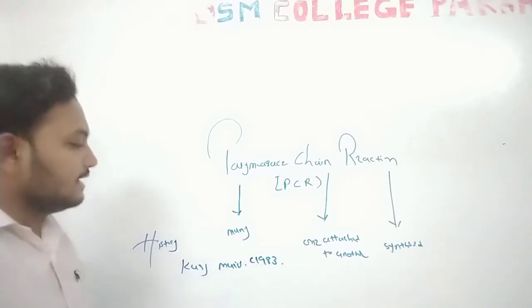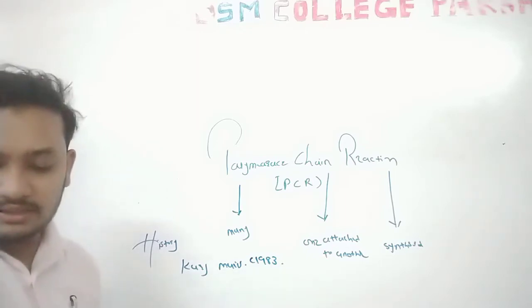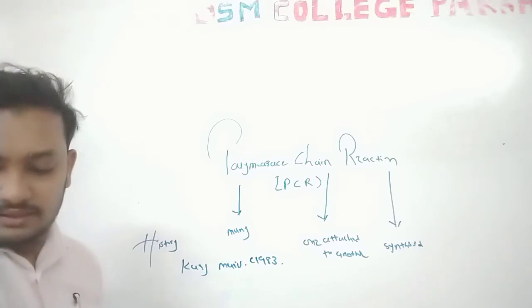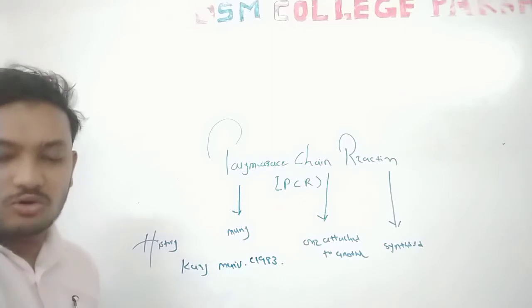The scientist Kary Mullis first discovered the polymerase chain reaction at the CETUS Corporation of San Francisco in USA.